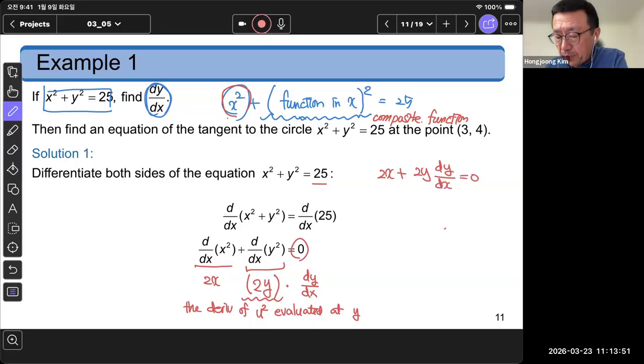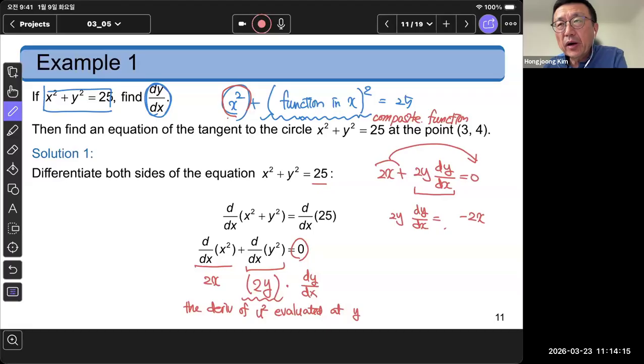Now at this point, this term has a dy dx while 2x does not have dy dx. In that case, please move the terms without dy dx to the other side. So we get 2y dy dx is negative 2x.